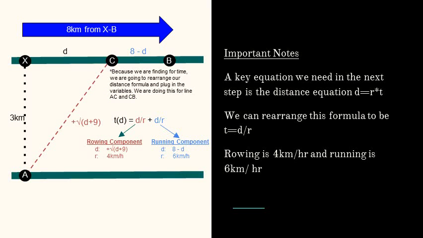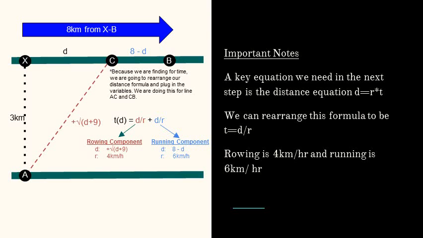A key equation we need for our function is the distance formula, which is distance equals rate times time. Because we are solving for time, we have to rearrange our formula so time equals distance over rate. We can replace our variables with the actual distance and rates from the problem.